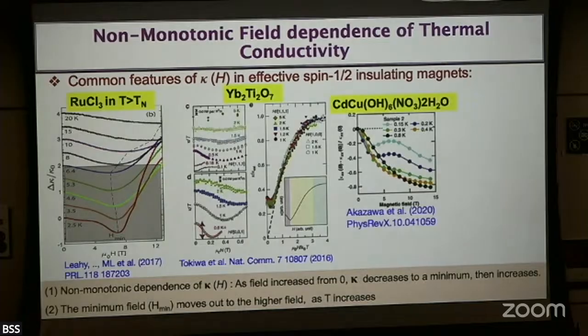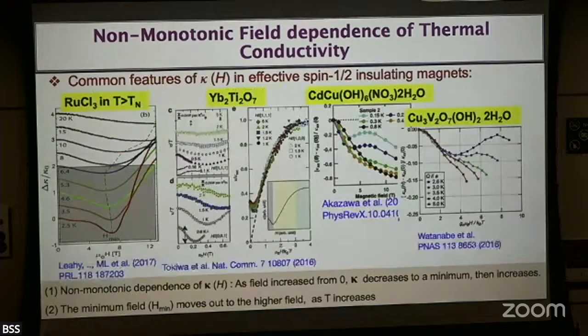This one is cadmium chalcogenide, which also has a decrease and then an increase, but this one has some other high-field phase, and then it comes back down. But the initial curve goes down and then increases, and similarly for another material.